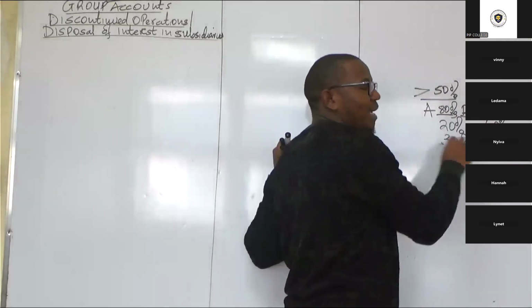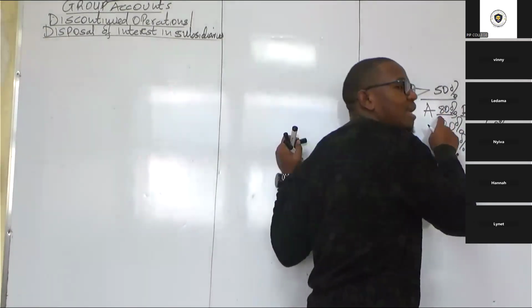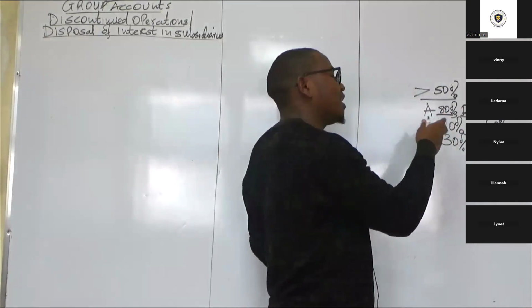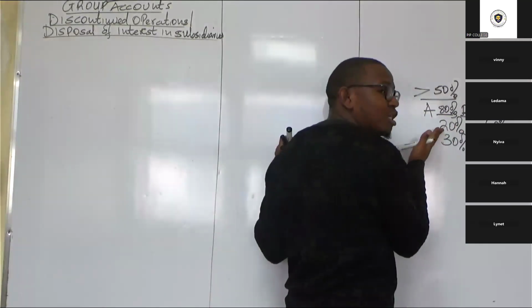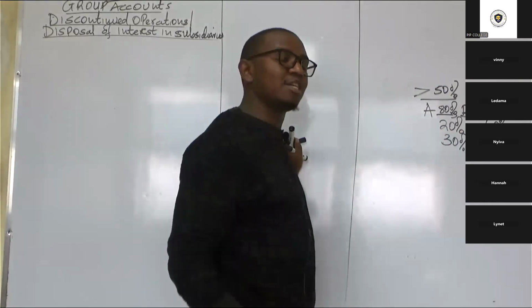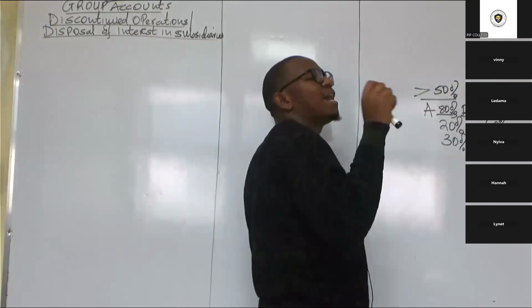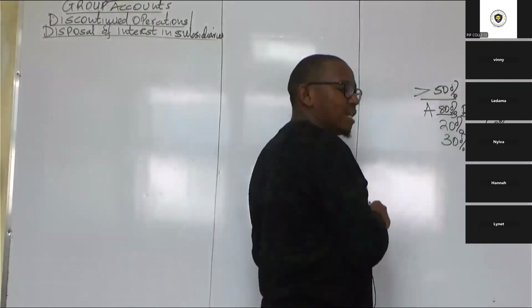So in such situations, where he had acquired 80% and has disposed of either 20 or 30%, how are we supposed to consolidate? We normally consolidate when it is a subsidiary.